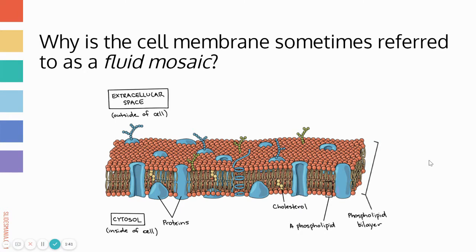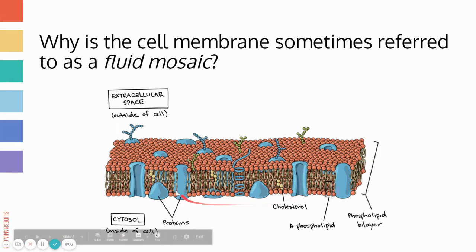We know, or at least at this point you should know, that the cell membrane is made of molecules called phospholipids. That's all of these little red spheres with the yellow tails here. And so we have this sea of phospholipids, and embedded within those phospholipid layers we have all kinds of different molecules. You can see here, some are labeled.